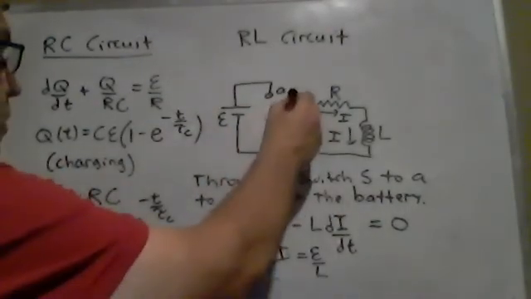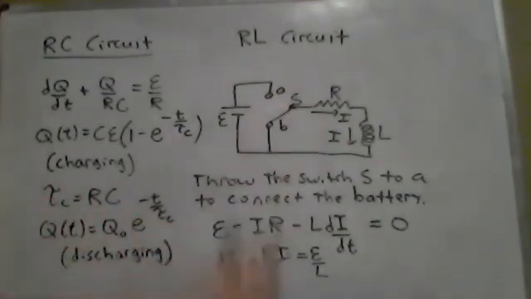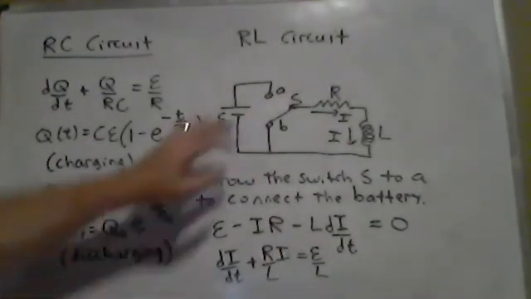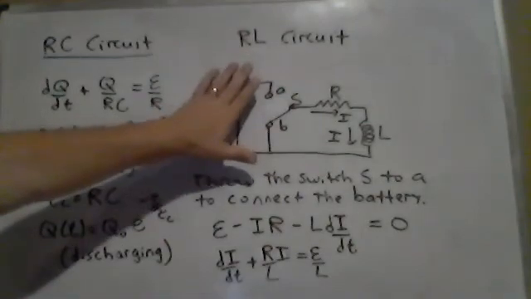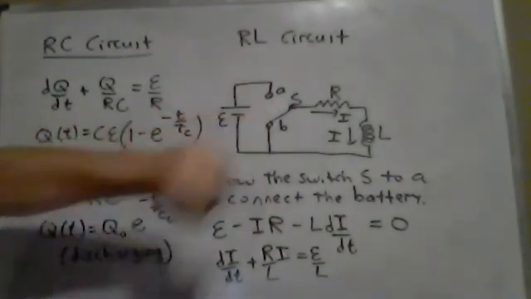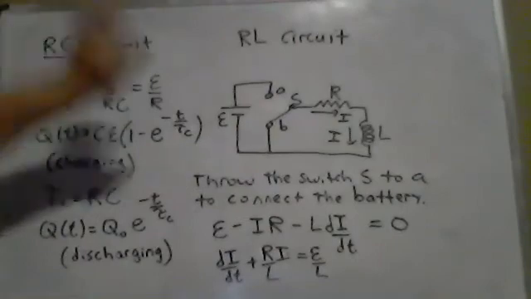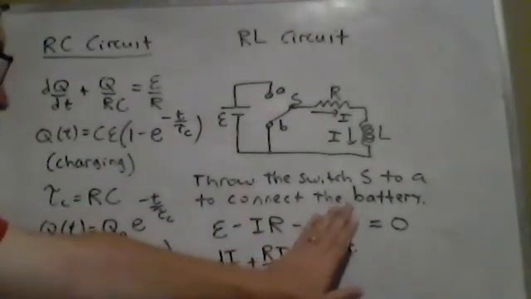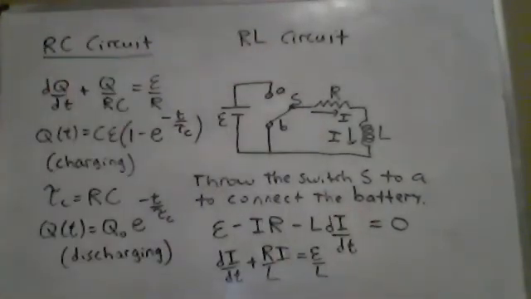All I would do is throw the switch over to B. What have I done at that point? Well, I've made an open circuit on the left-hand side. This, for the most part, doesn't exist. I've cut out epsilon, so the right-hand side of that becomes 0, and again, this is kind of like discharging the capacitor. This is turning off the circuit.